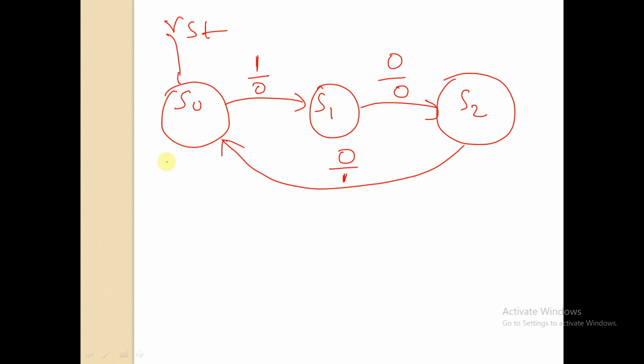And in S0 state, let's say if the input is 0, output is 0, and the state is S0. And here if the input is 1, output is 0, and here if the input is 1, output is 0. So this is just an example of Mealy FSM.